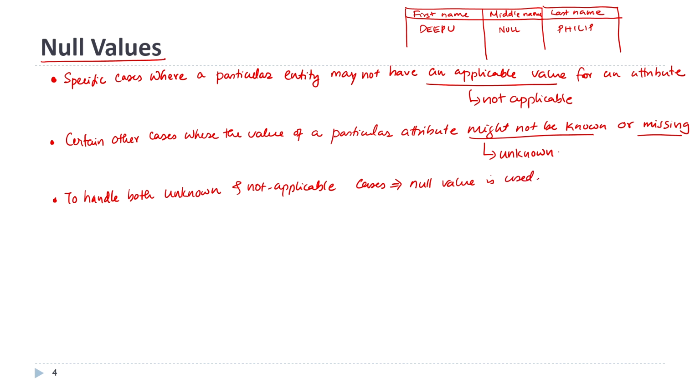So, whenever you see null in a database, it is either unknown or it is not applicable. What it is, you do not know. So, you have to figure that out. Okay. So, remember that.